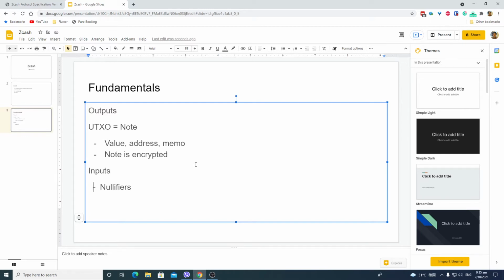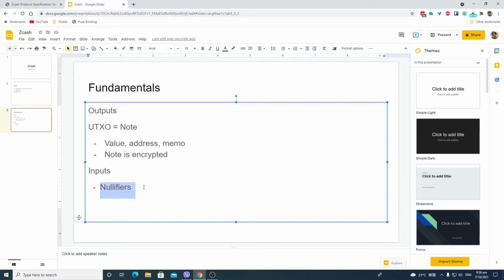in order to create a nullifier, you need to be able to decrypt the node, right? So it comes from a key that you have. We're going to talk about keys a bit later. But the main takeaway is that if you're not able to decrypt the node, you will not be able to generate a nullifier, right?